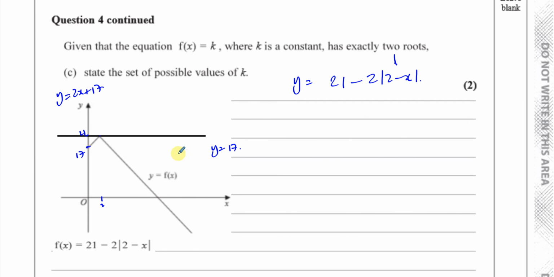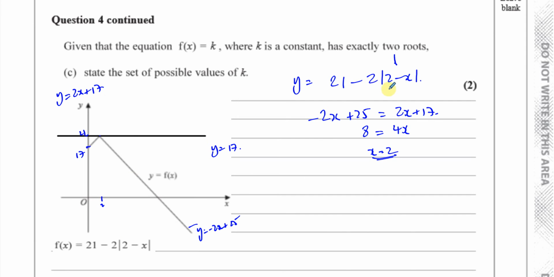Alternatively, you could have taken the negative argument, which is y equals minus 2x plus 25, and found out where it hits the graph y equals 2x plus 17, and it would tell you the x value as 2, and you can then find the y value. But that's a bit of a long way, but no problem. We can see 25 minus 17 is 8, and 2x plus 2x is 4x, so we have x equals 2.